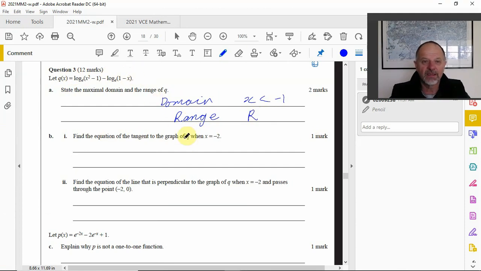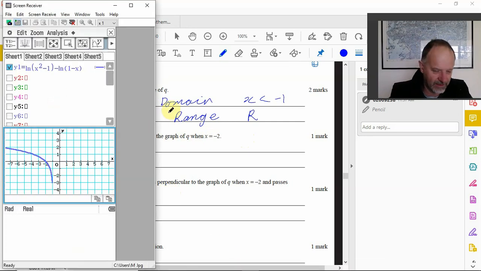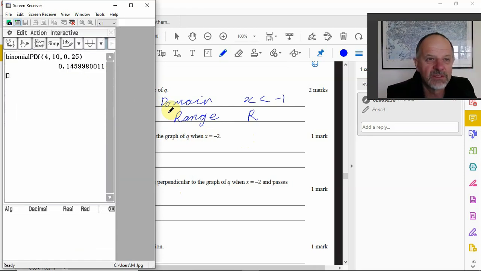We're looking at using technology. You can do this by hand, but it will take time. So if we go to our technology, this time I need to get out of my graphs and tables into my main.